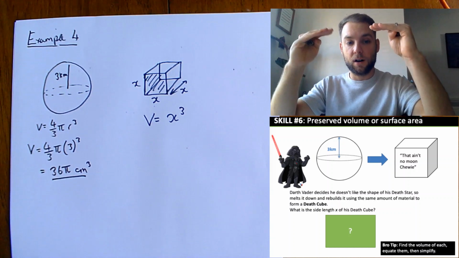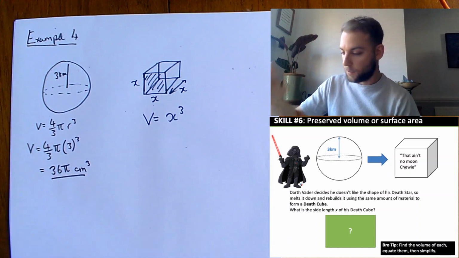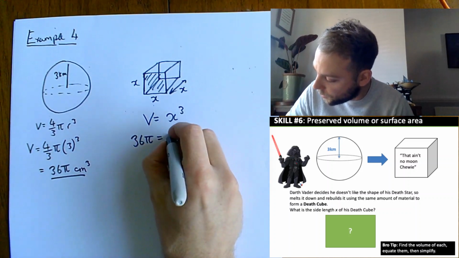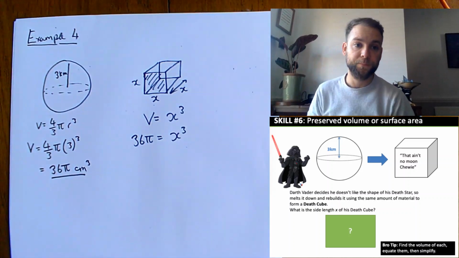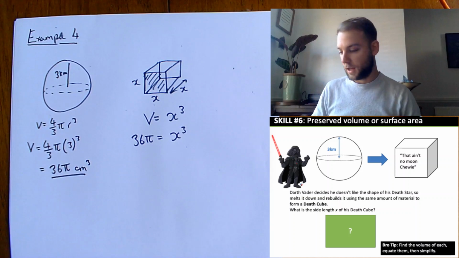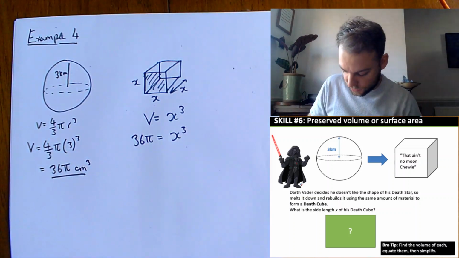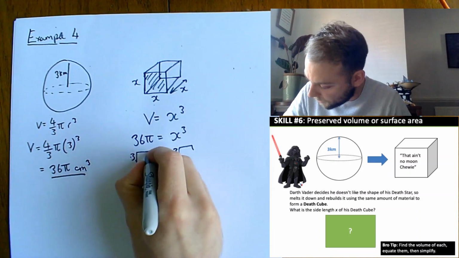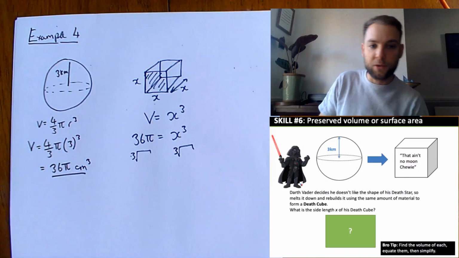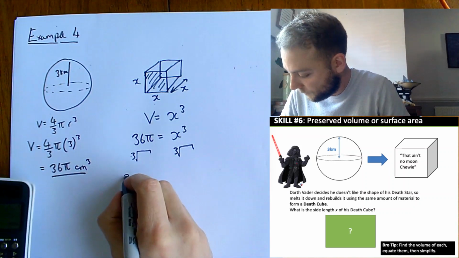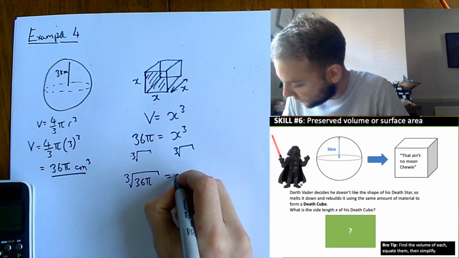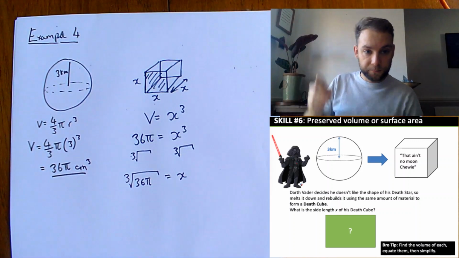And again, what we do is we sub in our volume and then work backwards. So it's going to be 36 pi is equal to x cubed. And to find out x, I'm going to do the inverse of this, which is going to be cube root. Remember to cube root it this time. Cube root of 36 pi is equal to x.